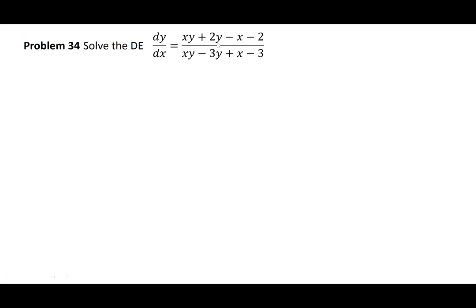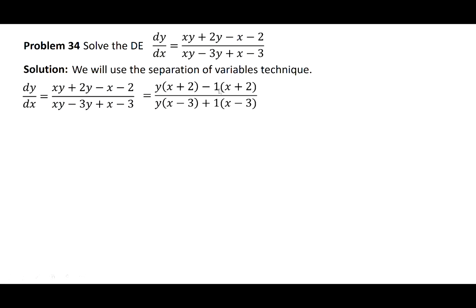Rather, let's factor this by grouping. xy plus 2y, form that into one group, and minus x minus 2, form that into a second group. And so you have y times x plus 2, and factor out a negative 1 times x plus 2. Okay, that's what I did.